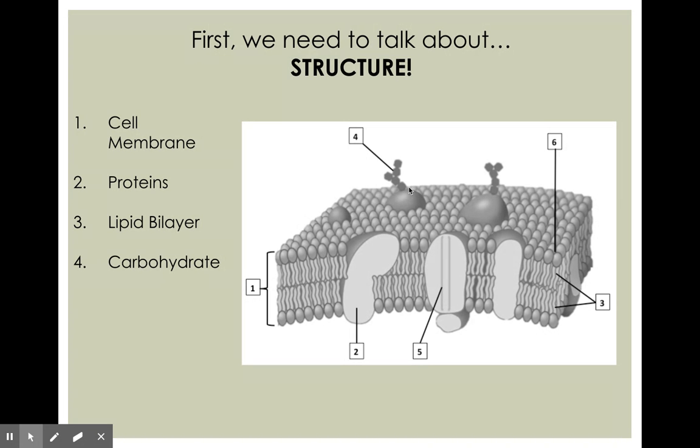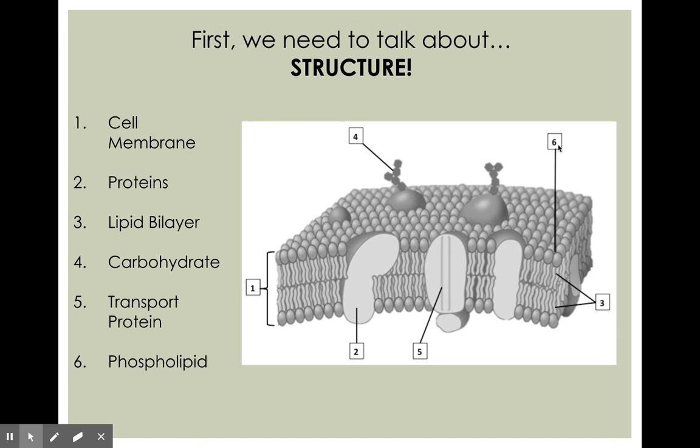Number four refers to a carbohydrate. These stick up on the top of the cell membrane. And number five refers to a transport protein. So a transport protein has what we call a channel in the middle of it, and it will allow things to pass through this cell membrane.